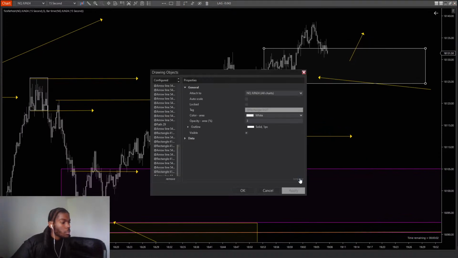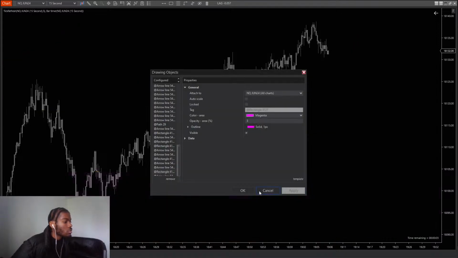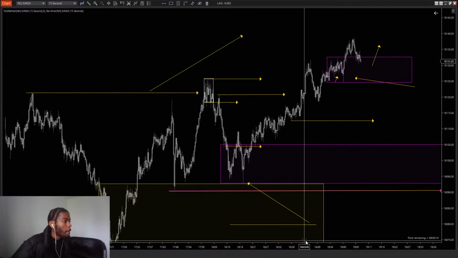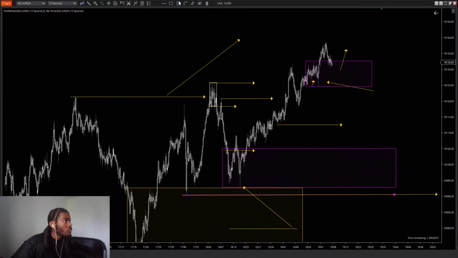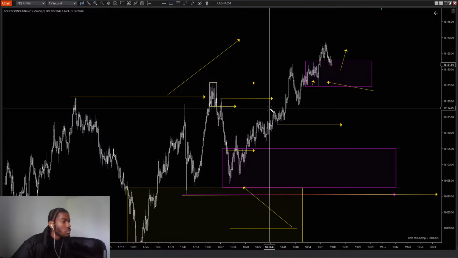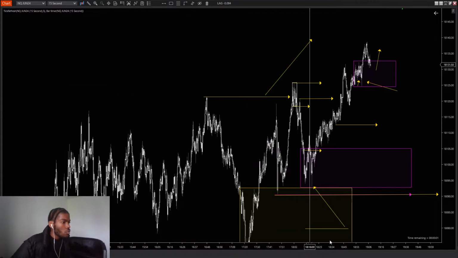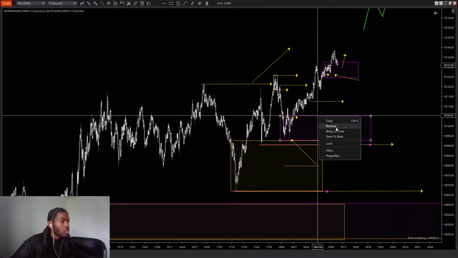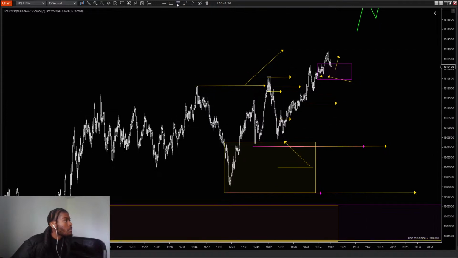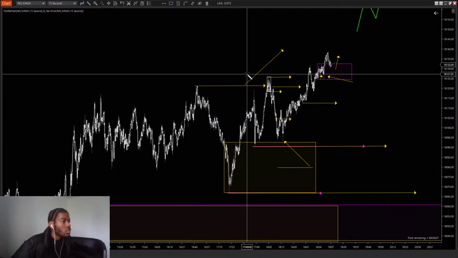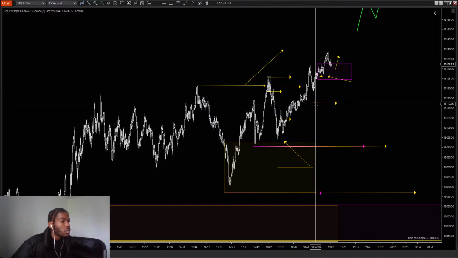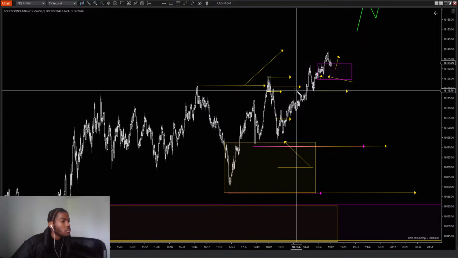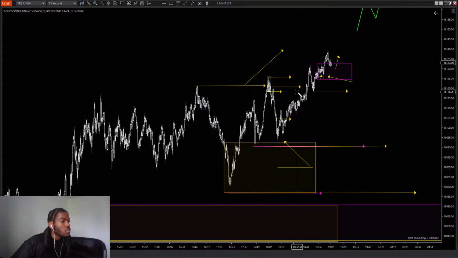So this is a zone that you're not using. Let me make it purple. And I'm not using this zone either. Whoa, wait a second. Hold on, no. Nah, don't think. Let's follow price, right? So we got that, we got that, we got that. I'm gonna wait for that. I'm not using, in fact. Yeah, I'm using this, I'm using this.